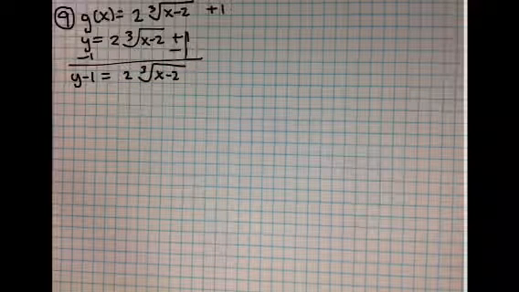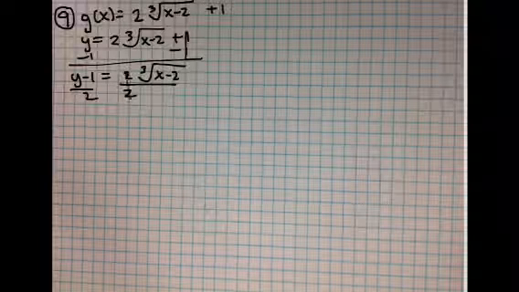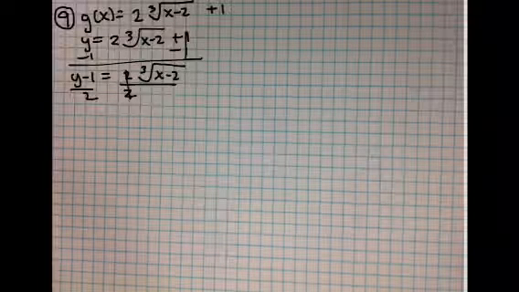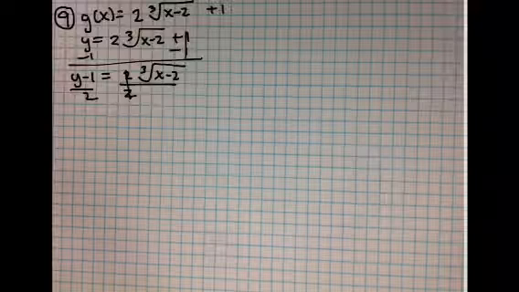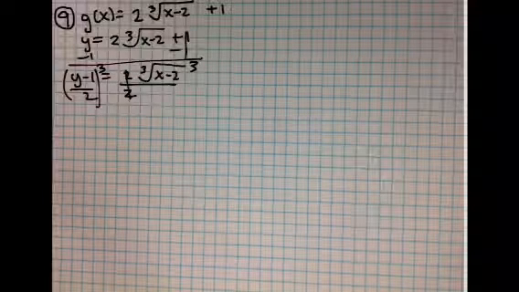And then we want to divide by 2. Again, both sides, so that this 2 is gone from the right side, because little by little we want to leave x by itself. Now the cube root on the right side, we've got to get rid of that, so how we do that is by taking both sides, raising them to the 3rd power.